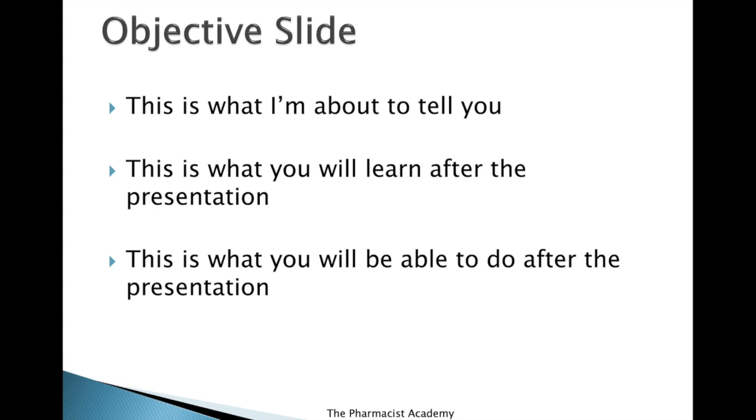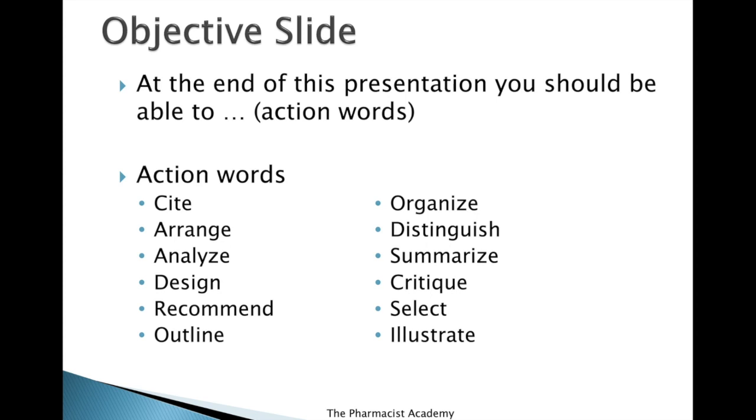So like I said, it's like a map. It basically outlines what you're going to be talking about in your presentation. And you could pick specific things that you want to include in your objective. It really depends. So for example, you could say at the end of this presentation, you should be able to, and that's when you want to use action words, right? So your objective slide, the sentences or the bullets must always begin with action words.